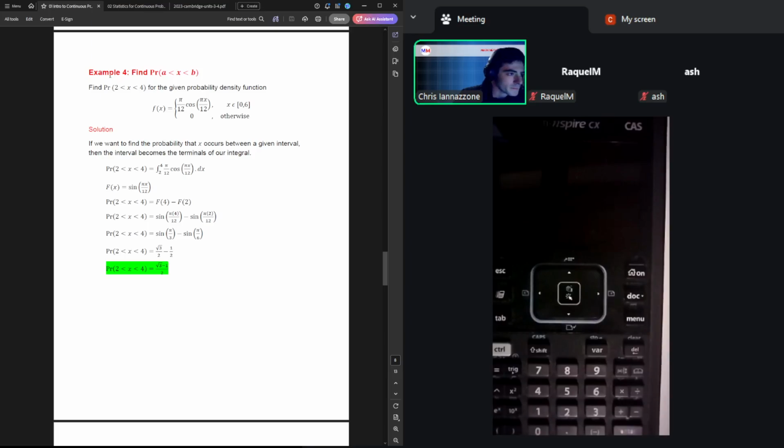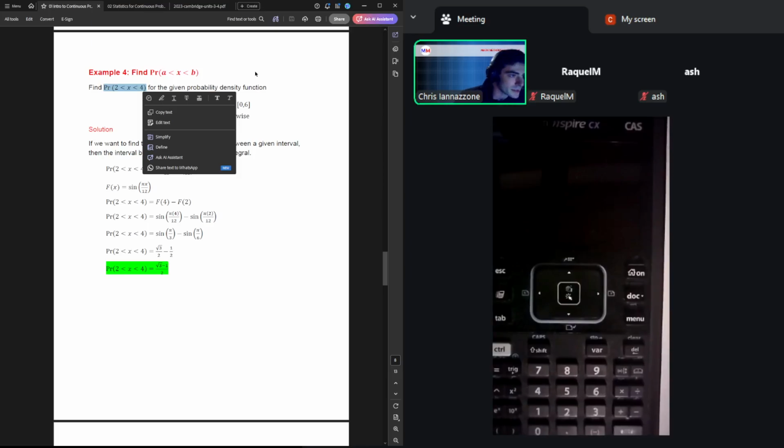Okay. Here's one of the other standard questions, which is to simply just find the probability over a certain domain. Find the probability from x equals 2 to x equals 4 for this particular function.